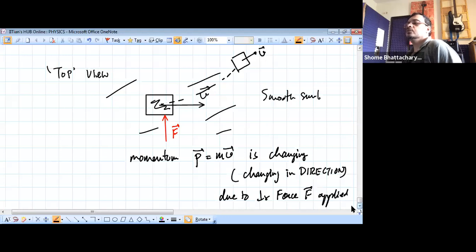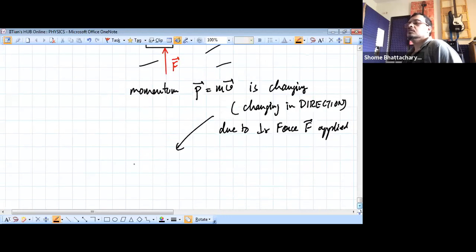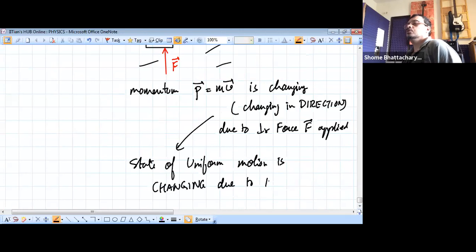So its state of uniform motion is changing due to application of force.